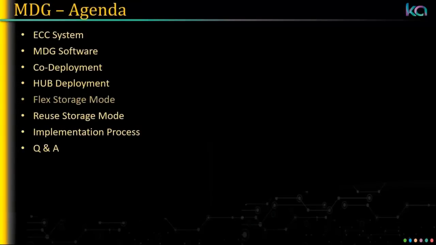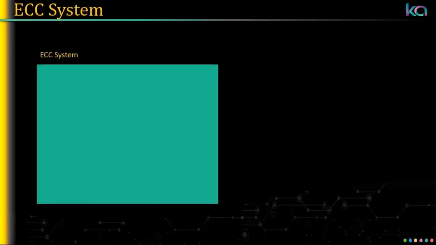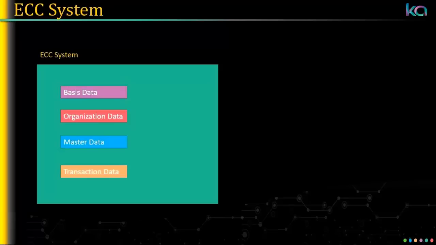And we'll walk through the deployment options and the storage modes. This will be an ECC system where initially Basis will create the system profiling data, user IDs, and authorizations, and then your functional team will come and create the organization data. Then the master data management team will come and create the master data. Then finally end users will generate the transaction data.